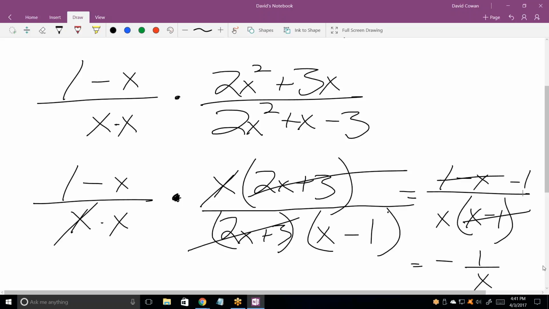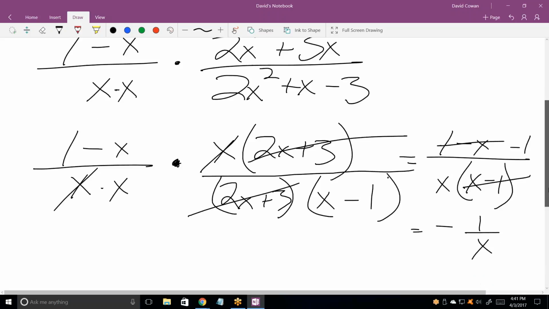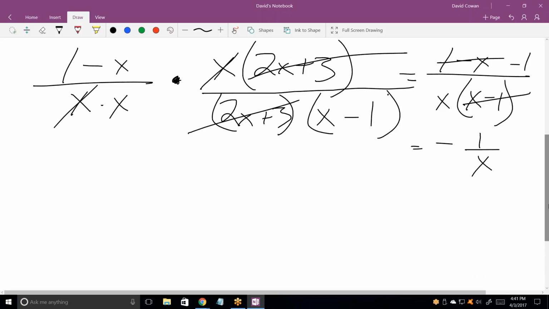Otherwise, I can't do that. And now what I'm left with is -1 over x, but not the same as -x. You have to make sure you get it in the denominator or the numerator properly. Okay. What else you got?